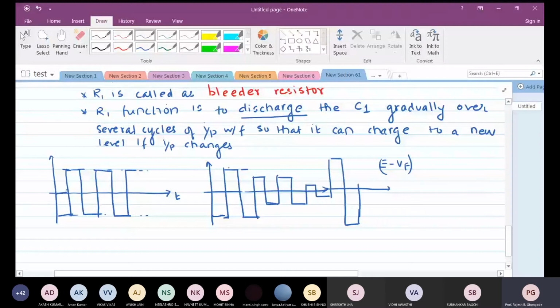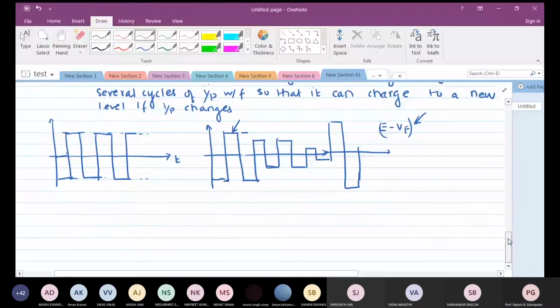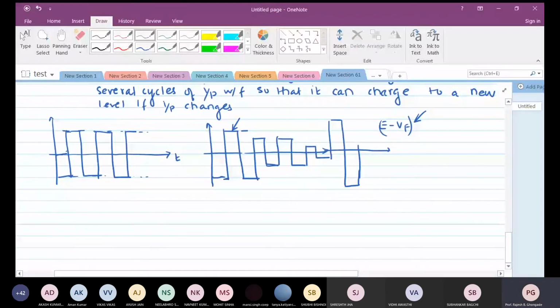So if the voltage levels change and there is no R1, the capacitor will always be charged to E minus Vf, which was the original E. But E itself changes here, no? So it will be incorrectly changing the DC voltage level.